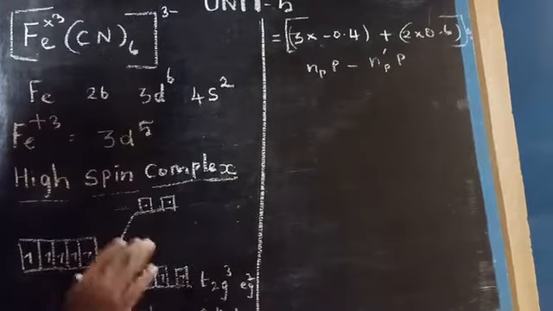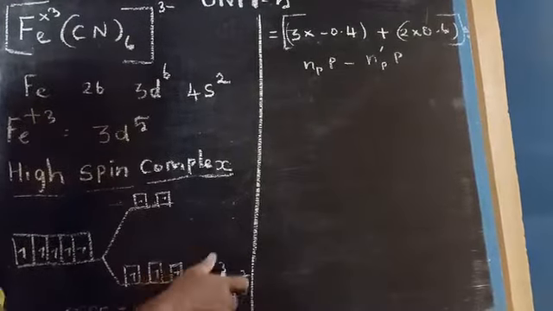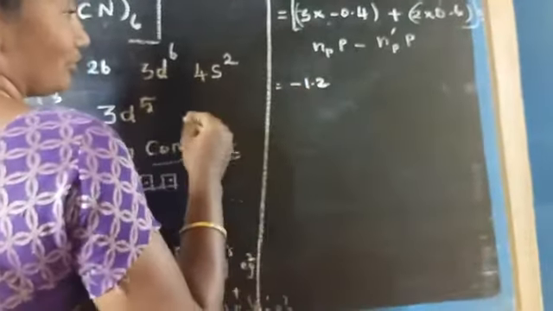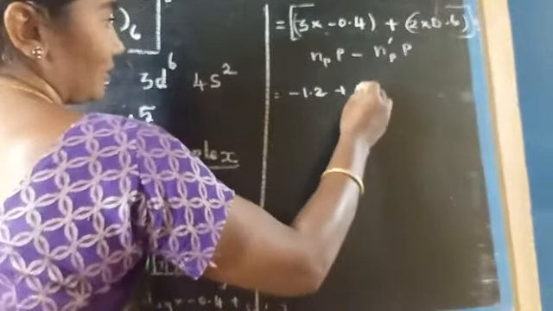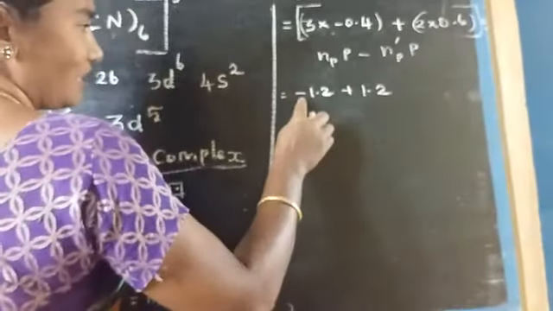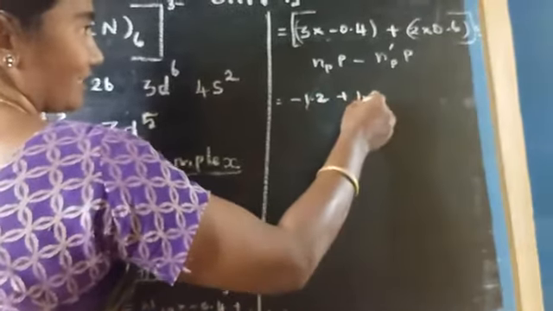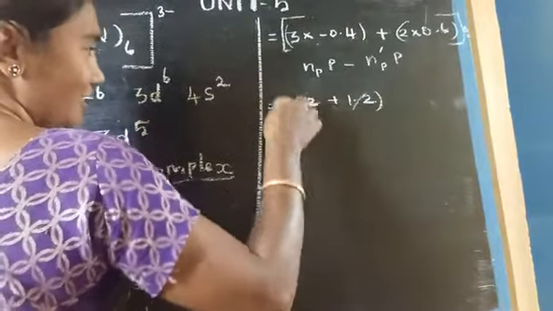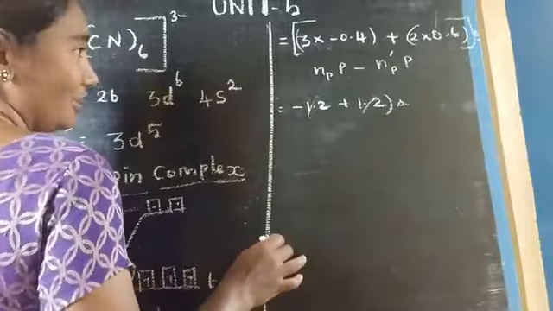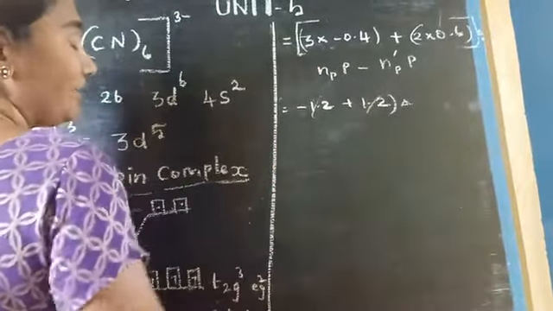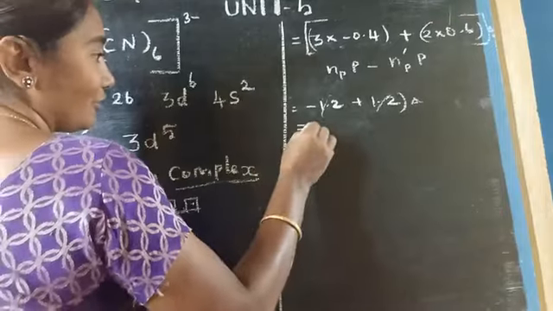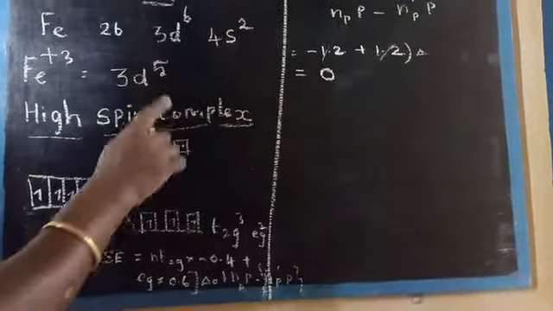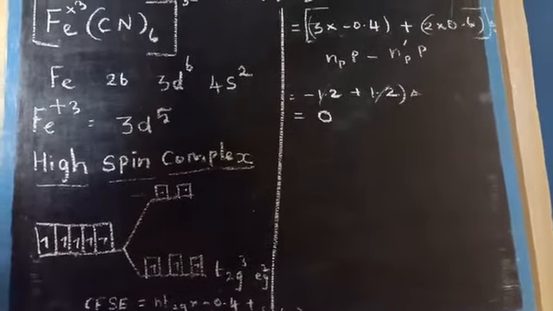Here all the electrons are single, so that also is 0. Now 3 fours are 12, so minus 1.2 plus 2 sixes are 12, so plus 1.2; minus 1.2 plus 1.2 cancel. So now 0 into delta 0 is 0. nP is 0, n'P' also 0. So the crystal field stabilization energy, CFSE, value equals 0. So it is stable. Are you clear, children?